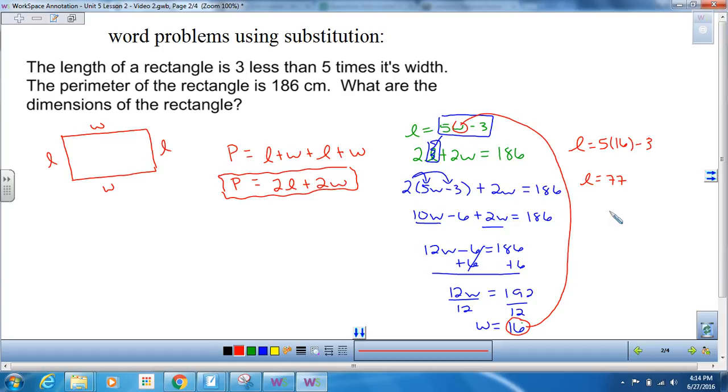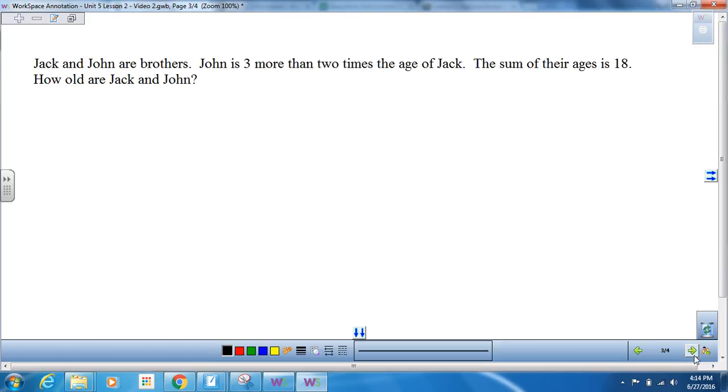So then the dimensions of my rectangle, the dimensions are length and width, so length by width, so 77 centimeters by 16 centimeters. So when you're talking about dimensions, you usually use that little times sign to represent the word by. So it's 77 centimeters by 16 centimeters. Okay, remember you can plug those in for length and width in your equations to check that you did your math right. Okay, let's look at a different example.